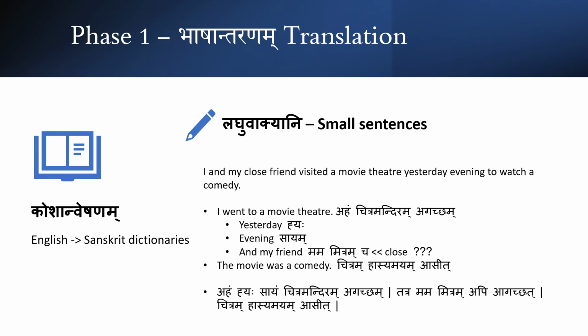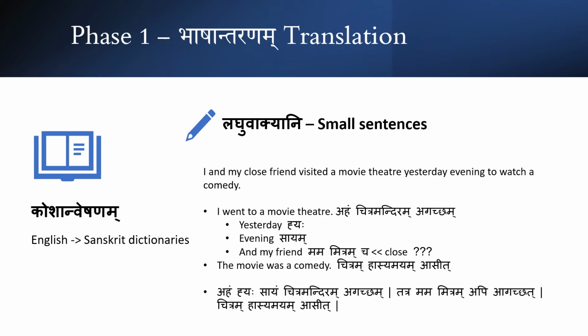Aham and then mama mitram cha, that becomes a dvivachanam. So agacham cannot be used. Now we can find out what the dvivachanam is here. Agacham becomes agachava. But if it is a little complicated to use, or if you don't remember agachava, that's fine. We can make another sentence here saying Aham hyaha sayam chitramandiram agacham. That is the first sentence.